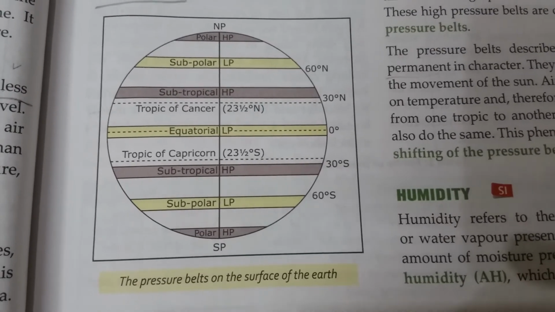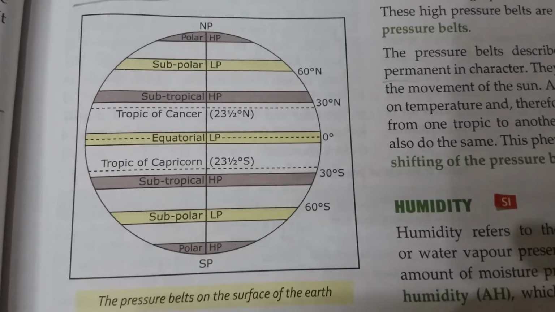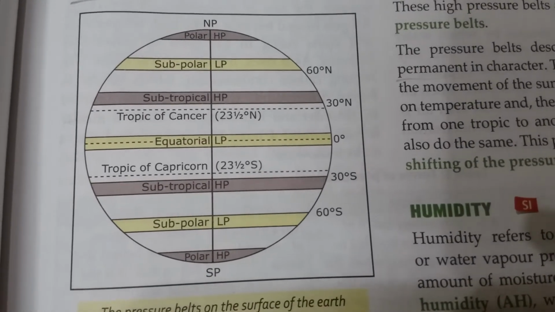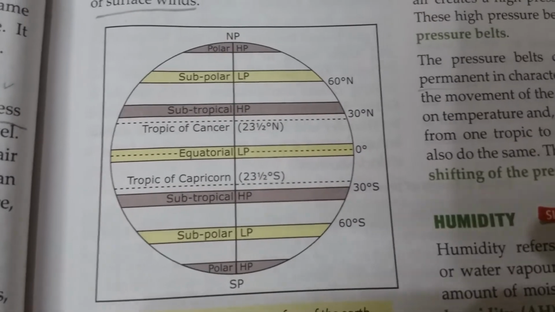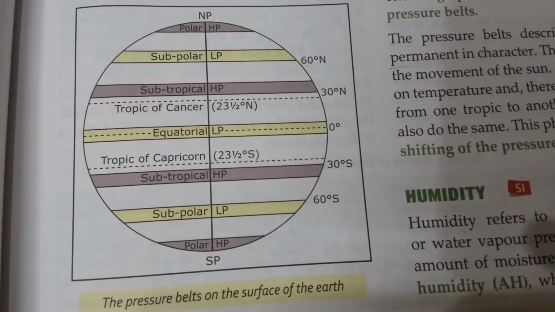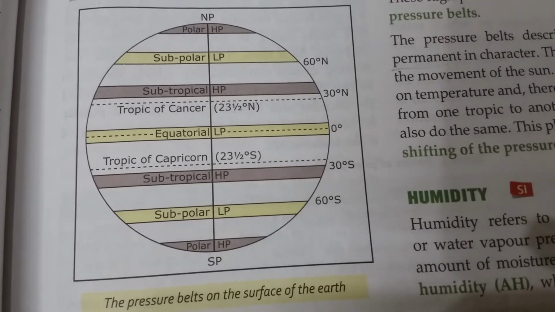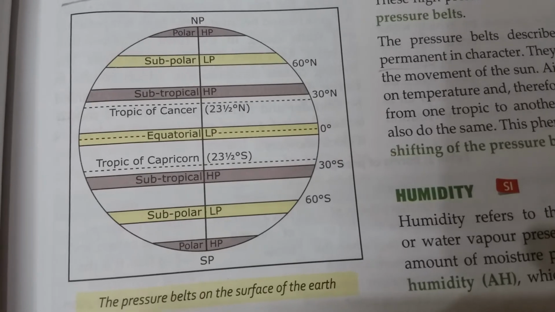Away from them, in brown color they have marked the subtropical high pressure belt. So that experiences high pressure.